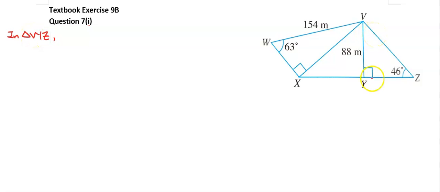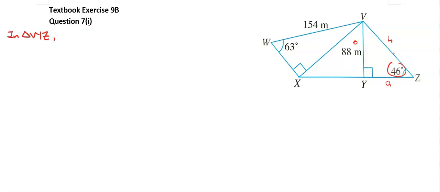We can find YZ first. We know this angle is 46 degrees, so YZ is adjacent, VZ is hypotenuse, and 88 is opposite to this 46 degrees that is given.